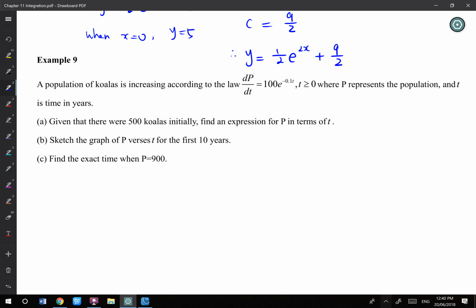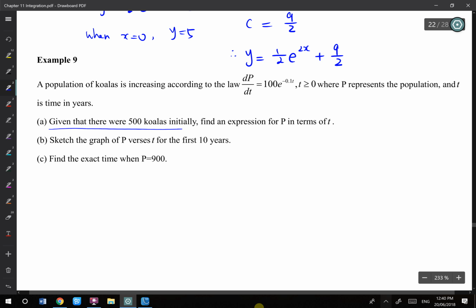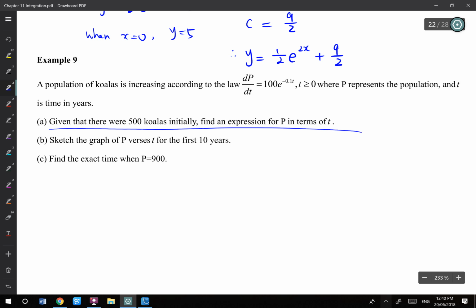For this one, the first exercise gives you 5 koalas initially, and find the expression in terms of p and t.